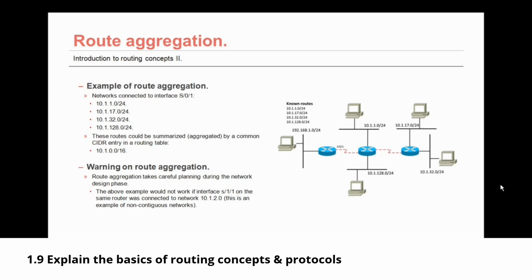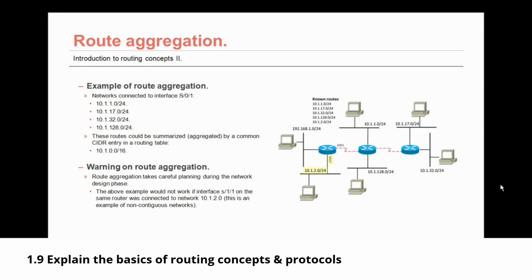All of those networks are known to that S/0/1 interface. These routes are what are known as contiguous routes. They're all in a line. They can be summarized or aggregated by a common CIDR entry in the routing table. They could all be summarized by the following entry, 10.1.0.0/16.